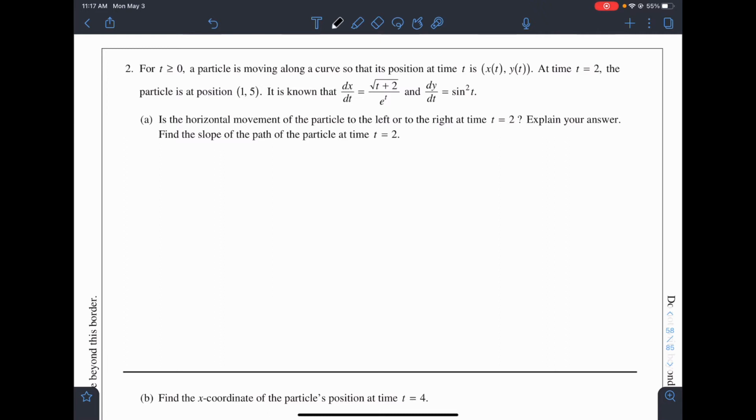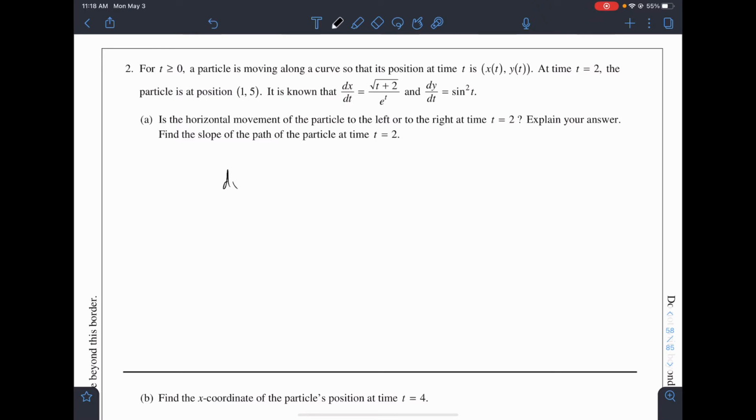So we're given a particle with dx/dt and dy/dt, and we have to find if the horizontal movement is to the left or to the right. For this, we just have to evaluate dx/dt, because x is horizontal, and see if it's positive or negative. If it's positive, it's going to be to the right, and if it's negative, it's going to be to the left.